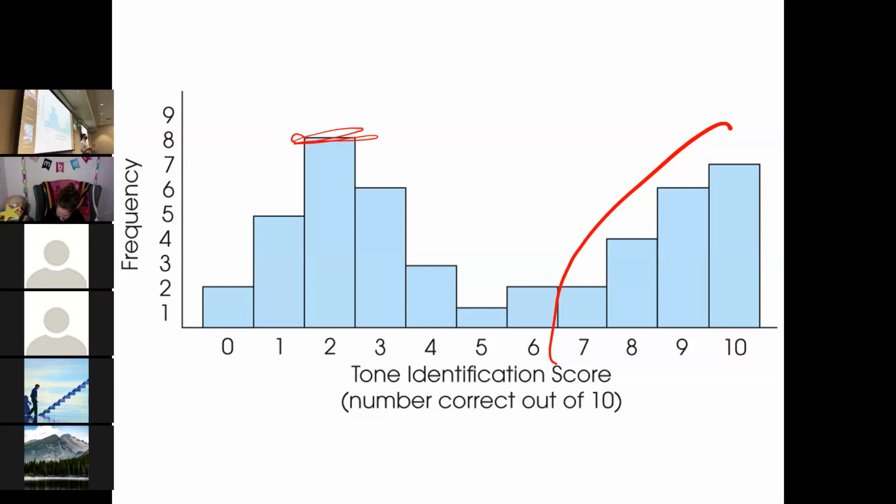Who can think of other real-world examples that may be a bimodal distribution? Yeah. It affects young people, like really young people, and really old people. Yes, exactly. And so you can look at the number of cases. You would likely have a lot of cases for really young children.